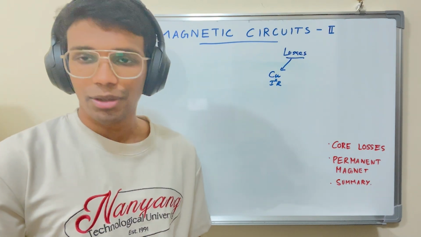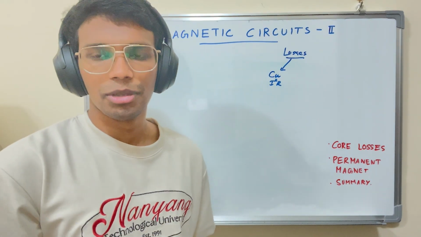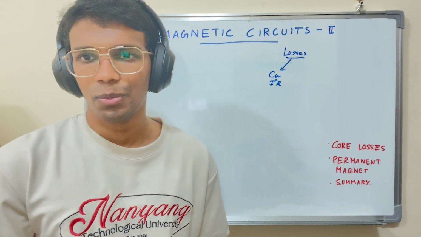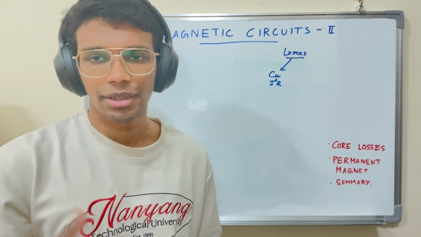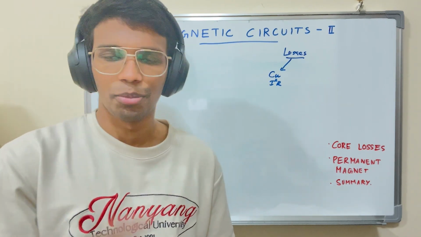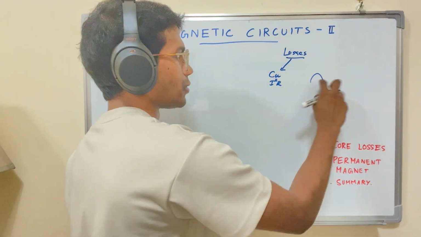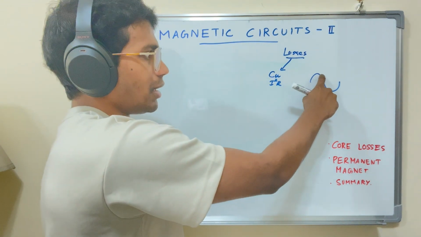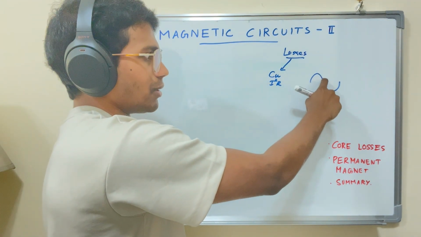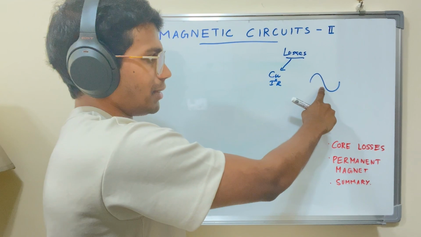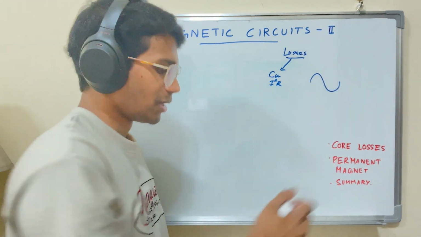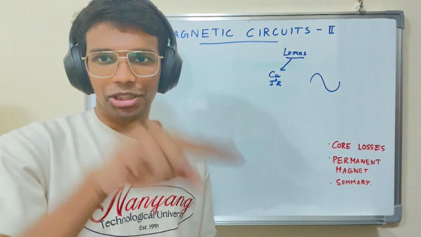Some of the energy that we apply into the machine is lost within the core, because we're magnetizing it and then magnetizing it in the opposite direction, because we're dealing with AC. So the current in this manner, in this cycle it's going to magnetize, then it's going to go to 0, and then it's going to demagnetize it, and then magnetize it in the opposite direction, and so on. So it's a complete BH curve again and again.